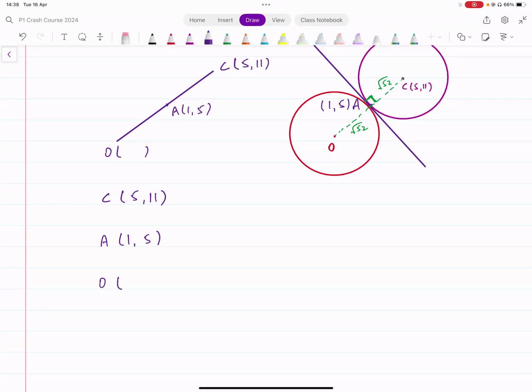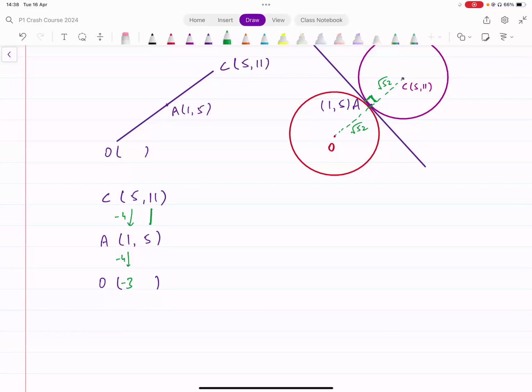What about O? How many units do you have to go on the x-axis to go from 5 to 1? -4. So you go -4 more to get to the x coordinate of O, which is going to be -3. 1 minus 4, that's -3. And then similarly, you do the same thing with the y coordinate.